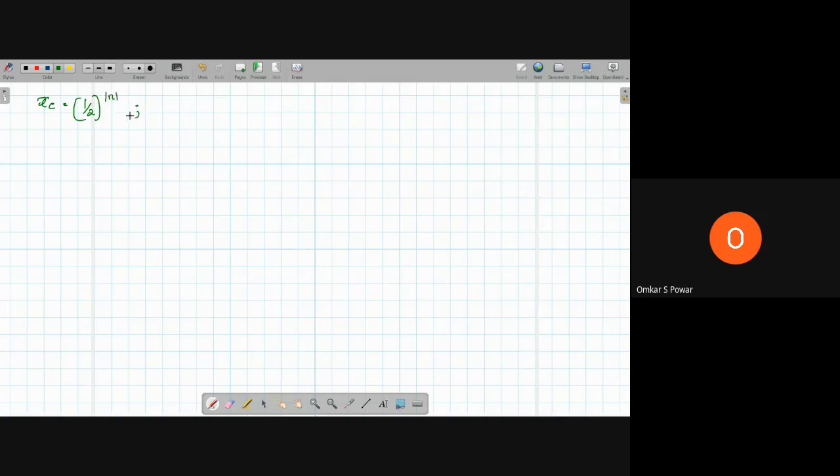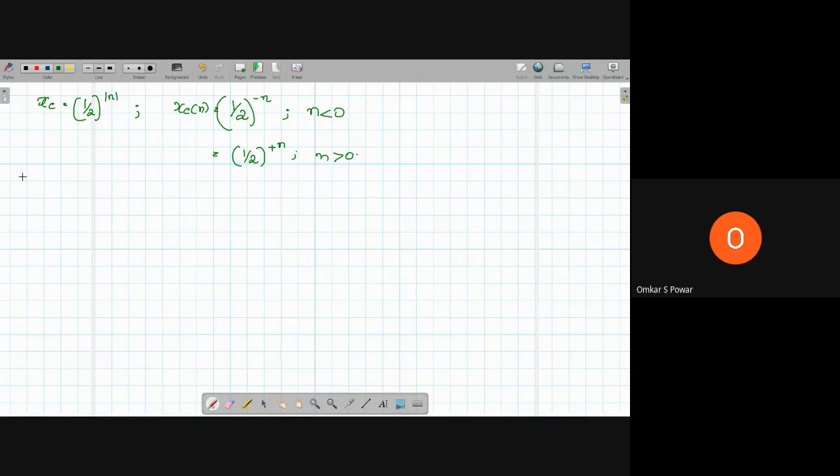So what does this mean? x e of n is equal to half of minus n if n is less than 0, and equal to half of plus n for n greater than 0. So this is similar to a power n. Don't worry, we will solve this.